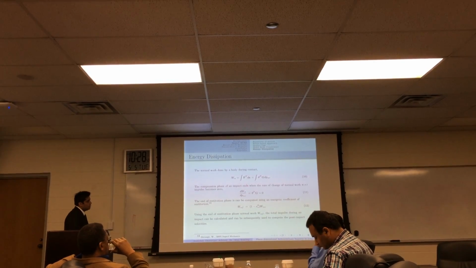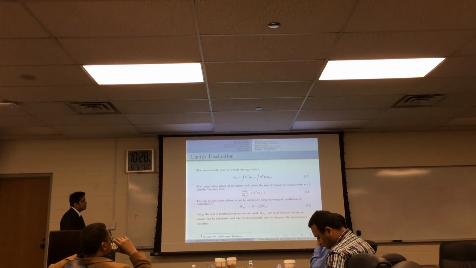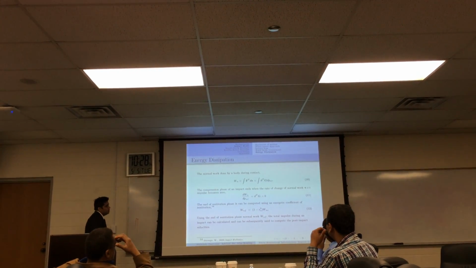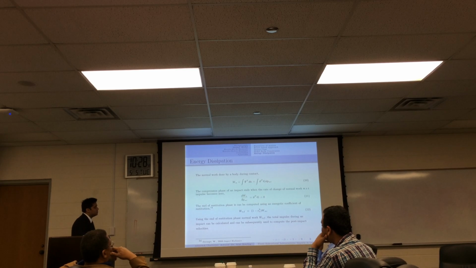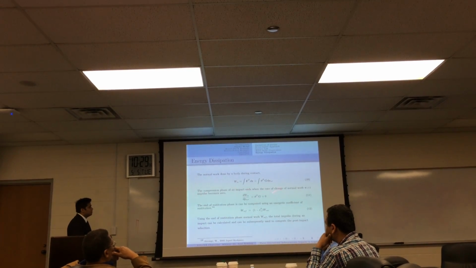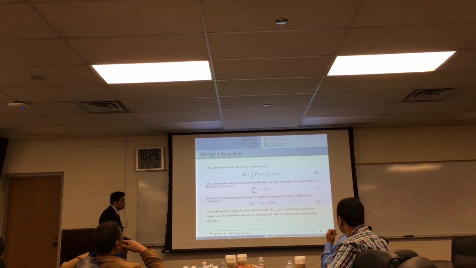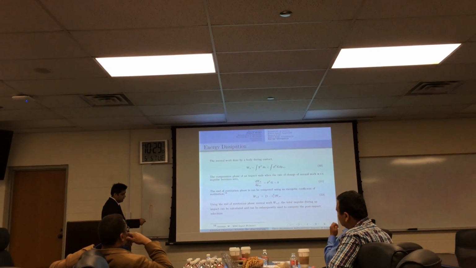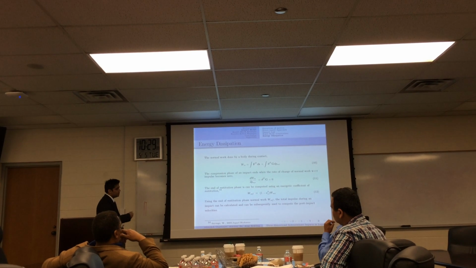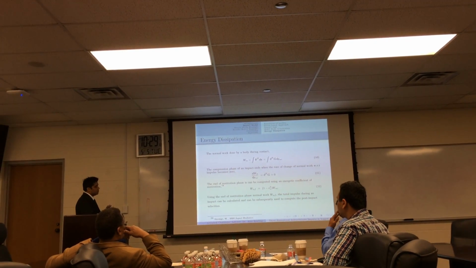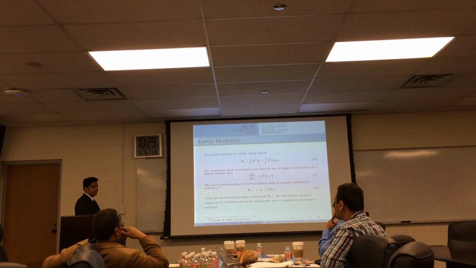So we can find the end-of-compression-phase work, that is WNC over here, and then we can use the energetic coefficient of restitution to find what would be the end-of-restitution-phase normal work. So that is where the impact event should end.